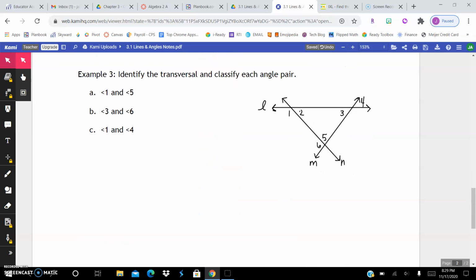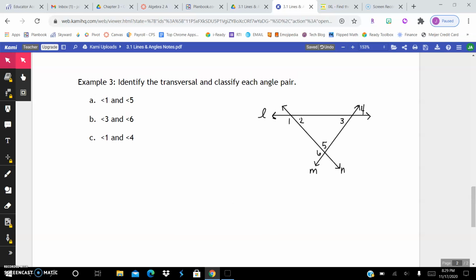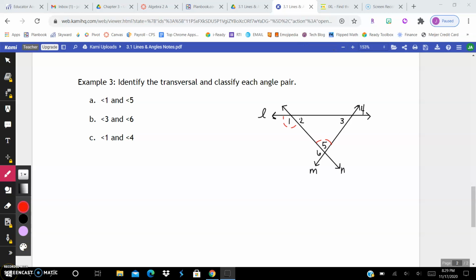All right, and then example 3 says to identify the transversal and classify each angle pair. So if I'm looking at angles 1 and 5, here's angle 1, here's angle 5. What line is cutting through both of those angles? Line N is cutting through both of those angles, so the transversal would be line N. And then what type of angles would those be?